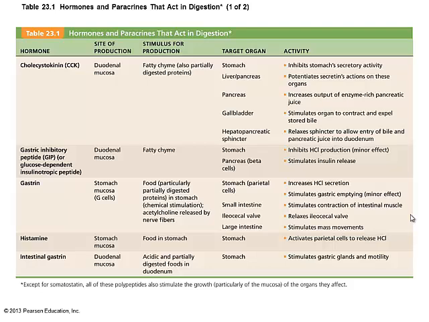You should know where they're produced and understand what their target is. So somatostatin, it's produced by stomach mucosa and the duodenal mucosa. Yep.